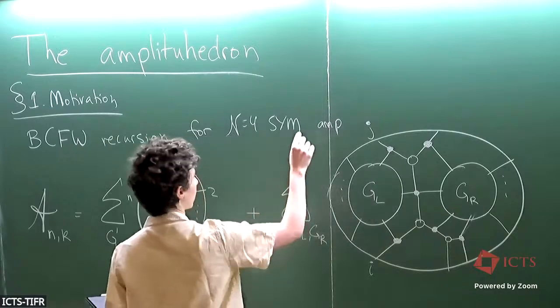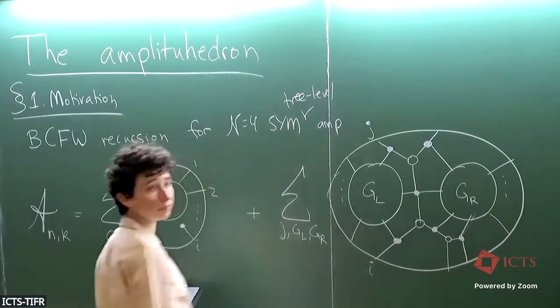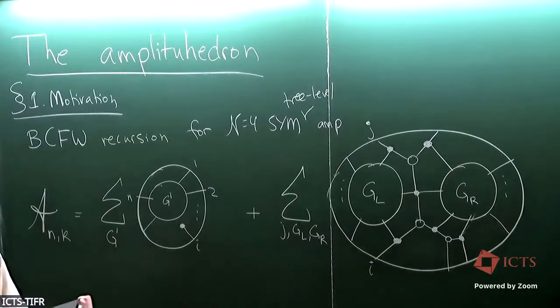I'm only going to be talking about tree level. I think their original paper is only about tree level, but then it was generalized to all loop by a paper which includes, for sure, Nima Arkani-Hamed, Trnka, and more authors, which I'm very sorry I've forgotten. That was around 2010.